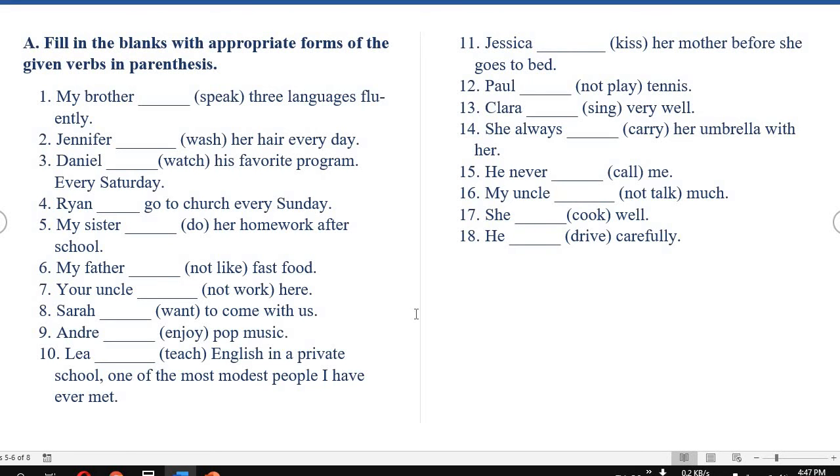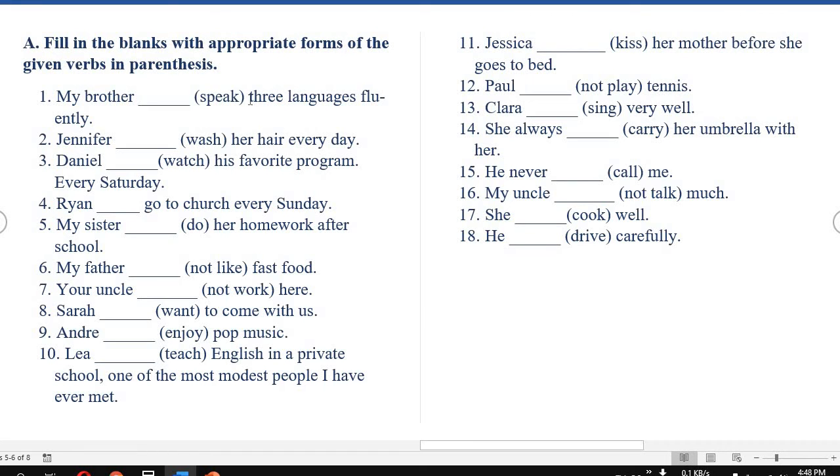Now everyone, come to the practice section. We will not do all the exercises. We will do just one or two exercises. Okay. So look at the instruction. Fill in the blanks with appropriate forms of the given verbs in parentheses.